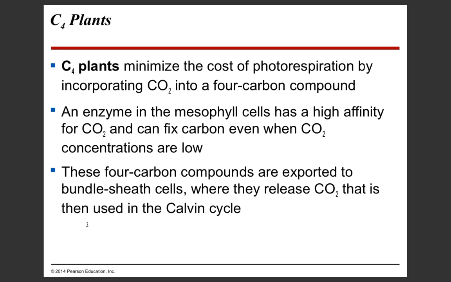An enzyme in the mesophyll cells, remember the mesophyll is the tissue in the middle of the leaves, has a high affinity for carbon dioxide and can fix carbon even when carbon dioxide concentrations are very, very low. So even if there's only a little bit of residual carbon dioxide because the stomata are closed, it can still be fixed. These 4-carbon compounds are exported to bundle sheath cells, where they release carbon dioxide that is then used in the Calvin cycle.